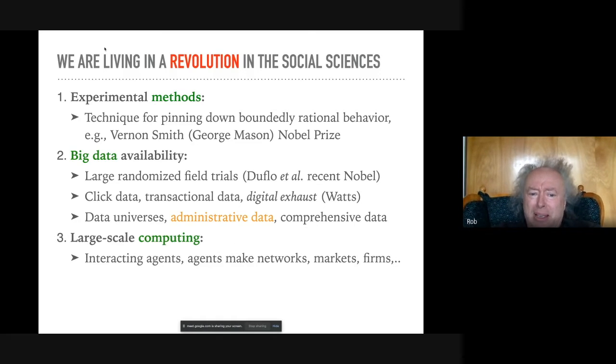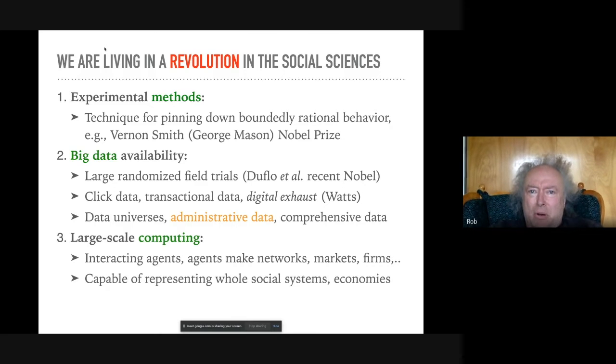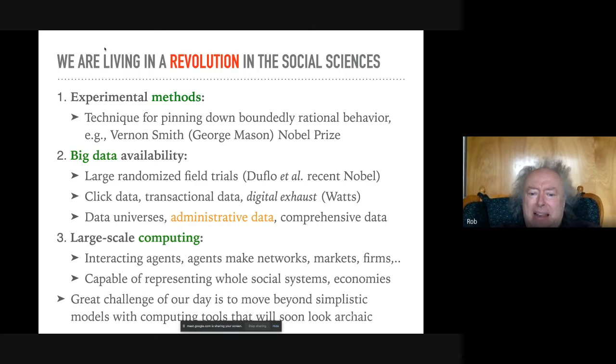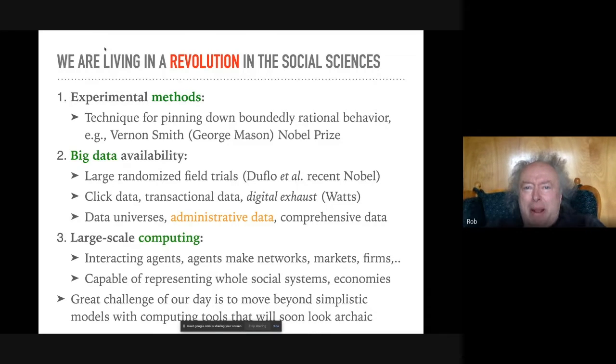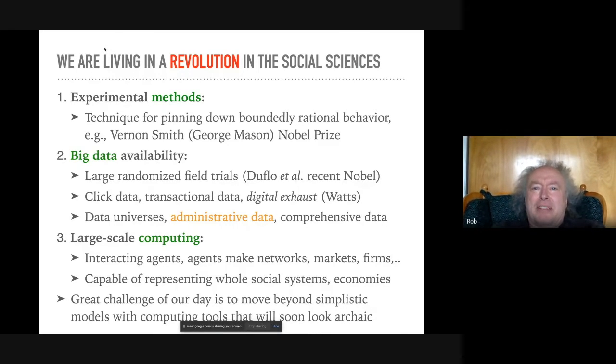Right? Computing through, and I've just written here, networks, markets, firms, agents. We have very many different styles of computing these days, and I'm going to go through a way to use agent computing to build whole economy models. Okay, so this is the background here. Now, I'm not going to say much more about this today, but I personally feel, and I tell my students, the biggest challenge today is that we're moving beyond simple models.